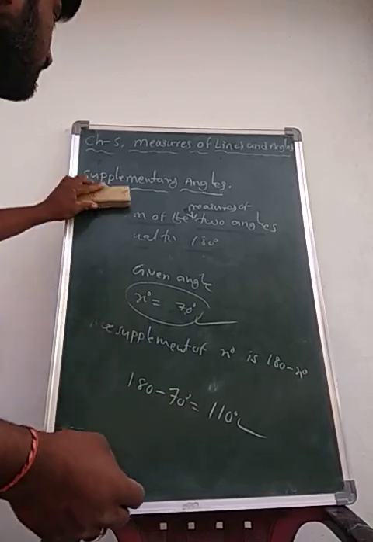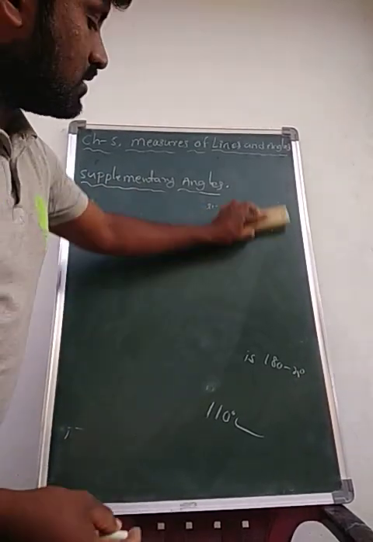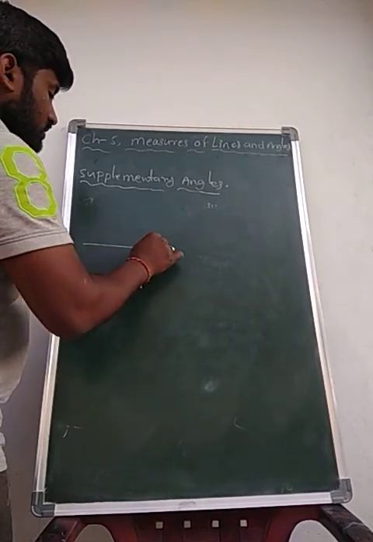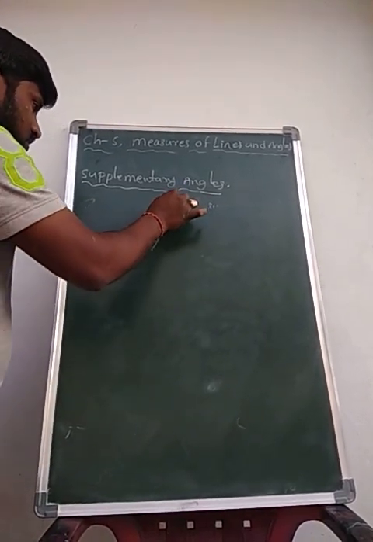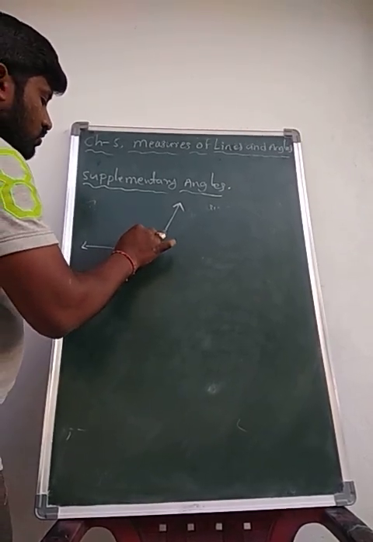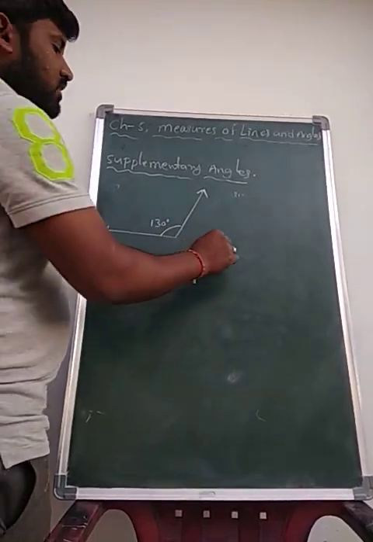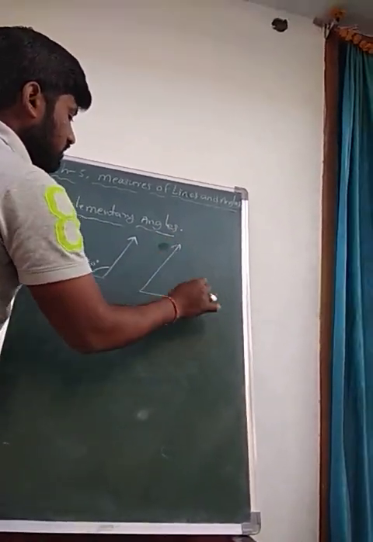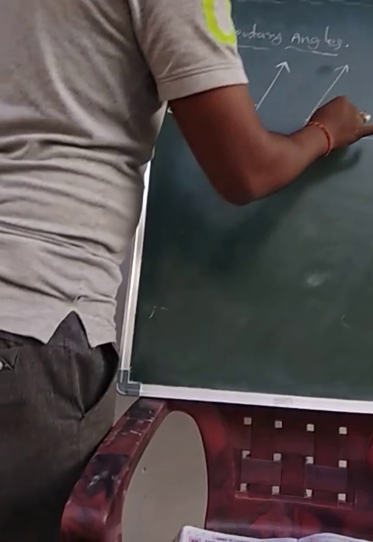Now just observe the figure carefully here. This is one of the obtuse angle, 130 degrees, one of the acute angle, 50 degrees.